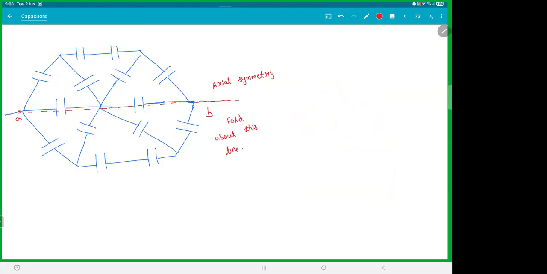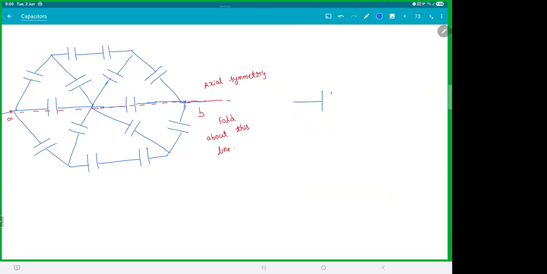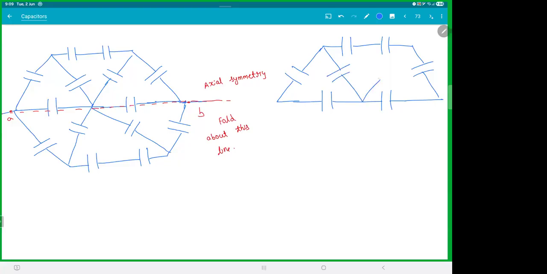When you fold about this line, your circuit will look like this. Now, you have to be careful here. When you're folding, look at the things which are changing.